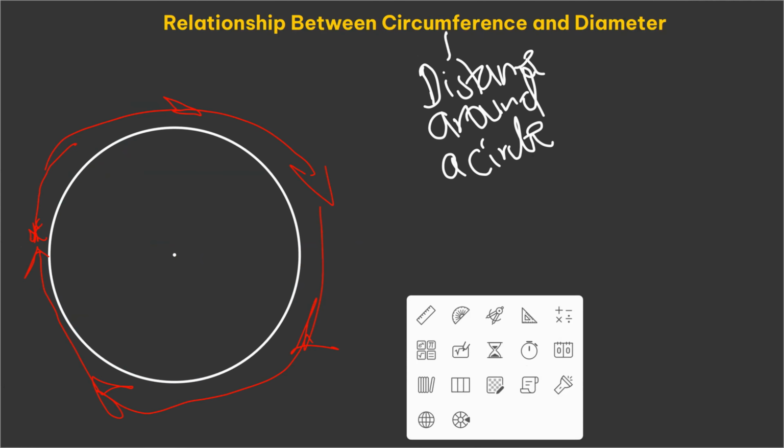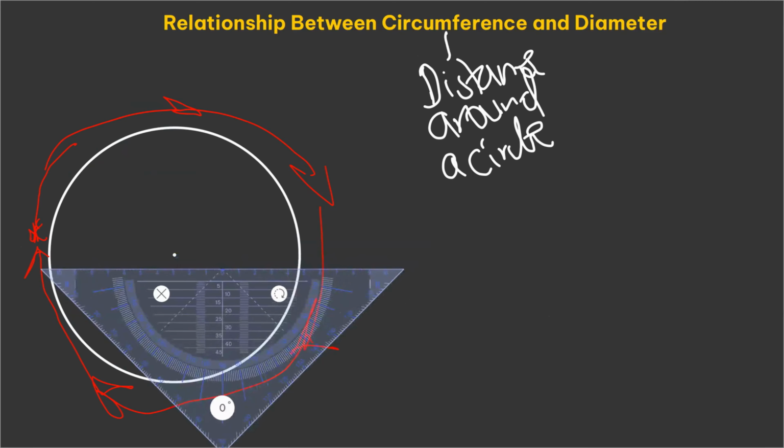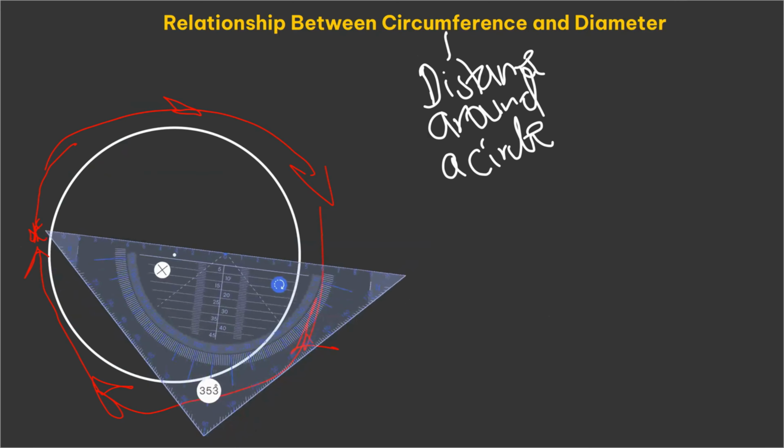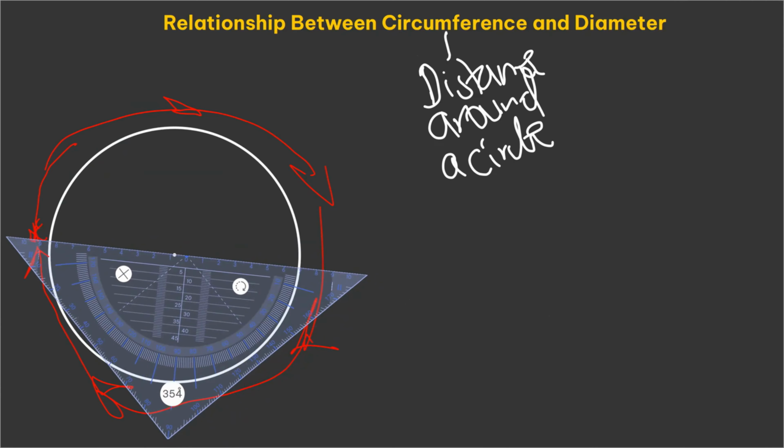We can just draw a line that passes through the center and touches one end of a circle and the other end. So it can be any line as long as it's passing through the center.